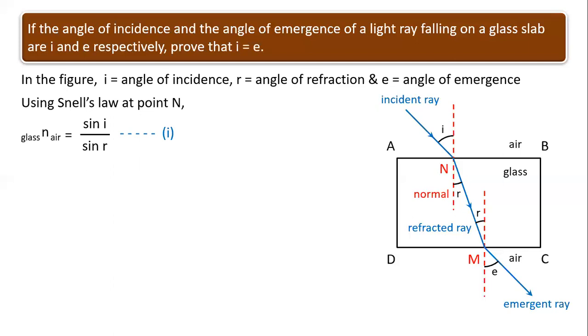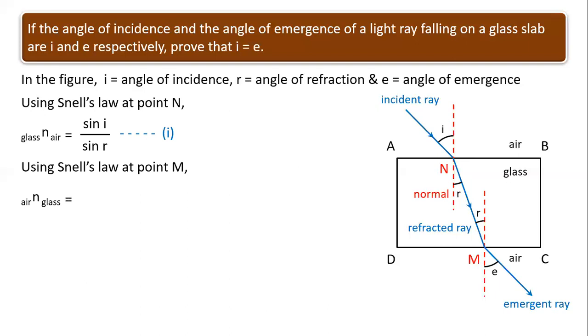Now what I do is I apply the same Snell's law, but this time at point M. So using Snell's law at point M, now here if you see properly, at point M, for that surface light is traveling from glass to air. So the refractive index of air with respect to glass is equal to sine of angle of incidence upon sine of angle of refraction.